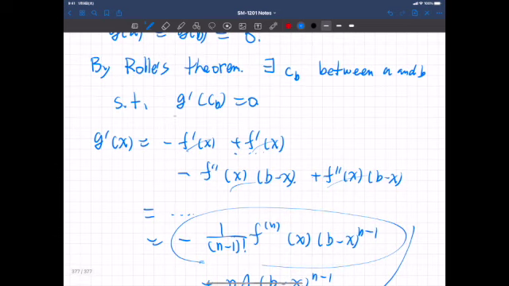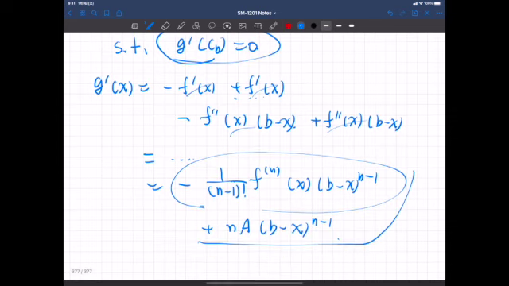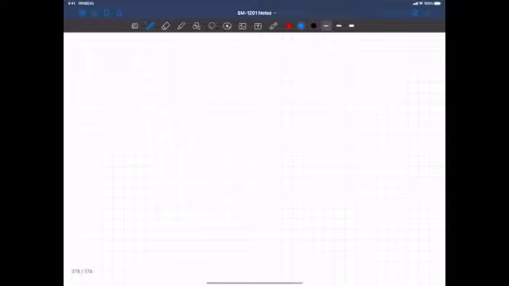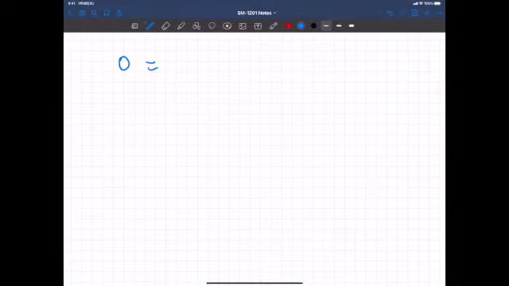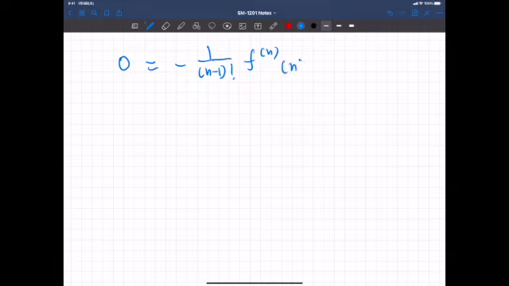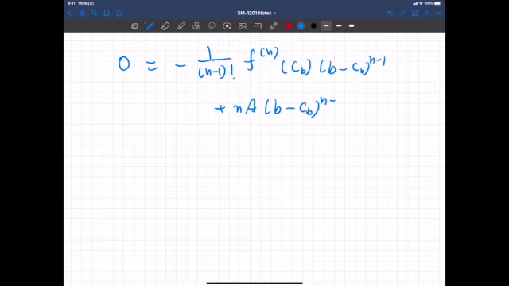And since g prime of c_b is equal to 0, if you substitute x with c_b, we have 0 equals f^(n)(c_b)(b - c_b)^(n-1)/(n-1)! plus nA (b - c_b)^(n-1).